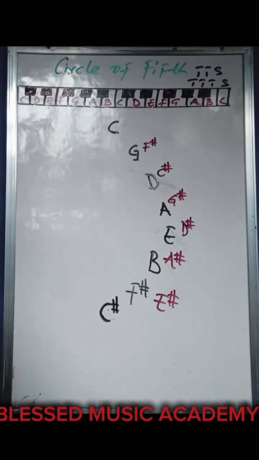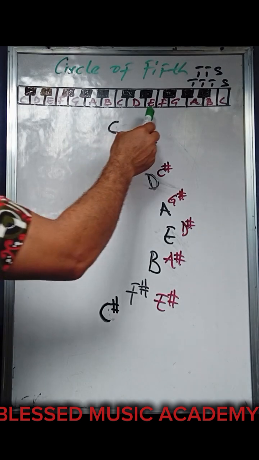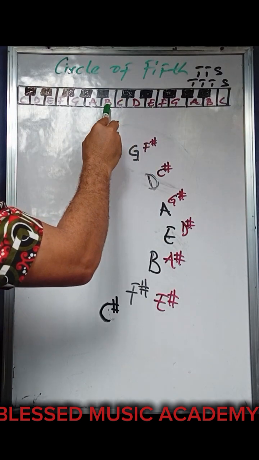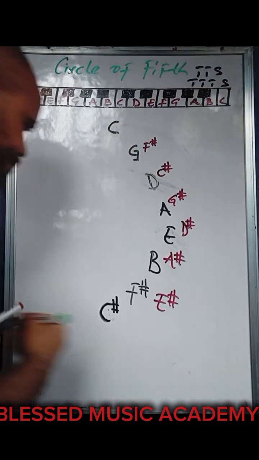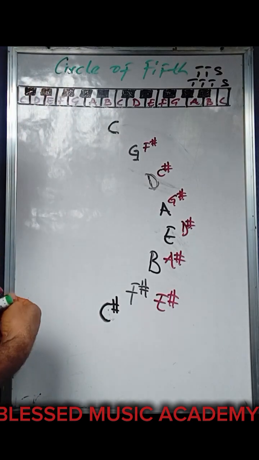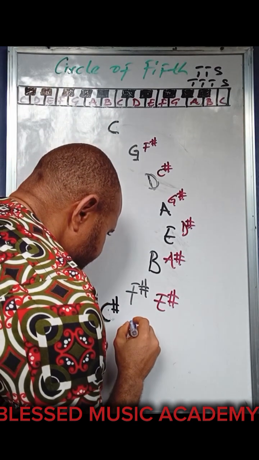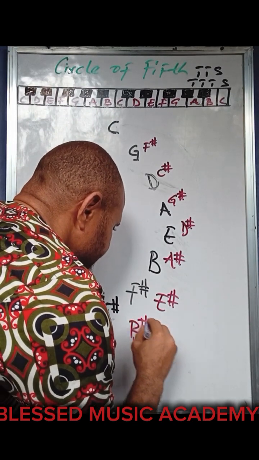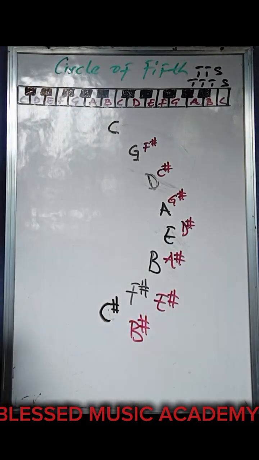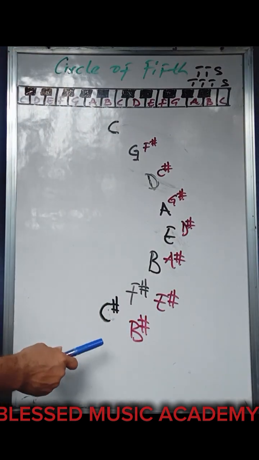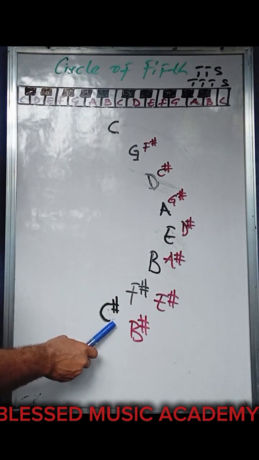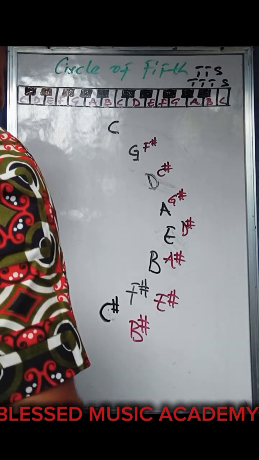And then what is the key that is sharpened? You just locate your C and then move back. It is B. That means B is sharpened. Now these are simple methods of locating this. In C sharp, B is sharpened.